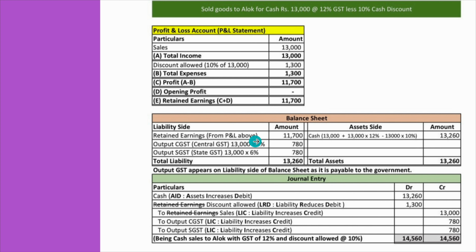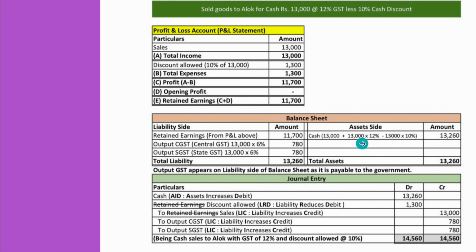This retained earning appears on the balance sheet liability side as 11,700. However, we have received cash to the extent of 13,000 plus GST, that is 13,000 plus 12%, which is payable to the government, and at the same time we have given a 10% discount, so minus 13,000 into 10%. Thus the company will receive only 13,260, that is 13,000 plus 13,000 into 12% minus 13,000 into 10%.